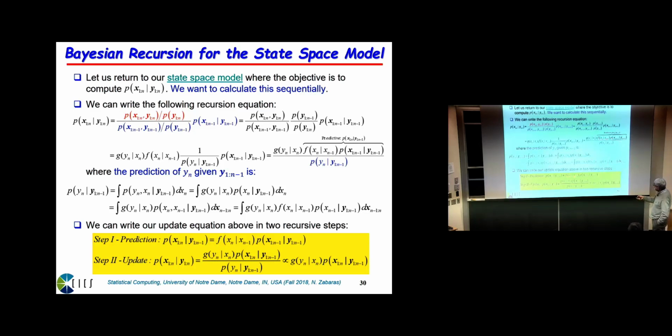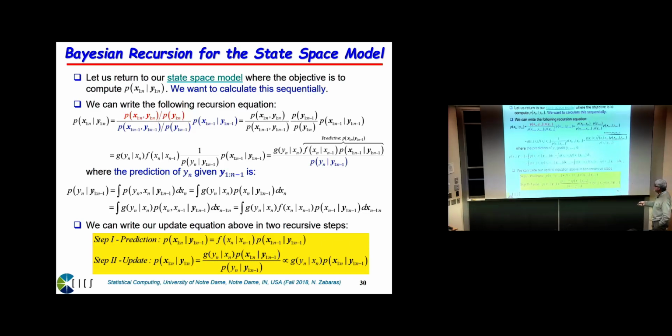It's f of xn given xn minus 1 times the previous posterior. You do this prediction using only the previous data, and figure out what the next value of xn is going to be at the next step.